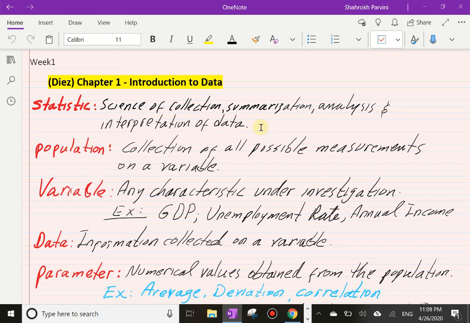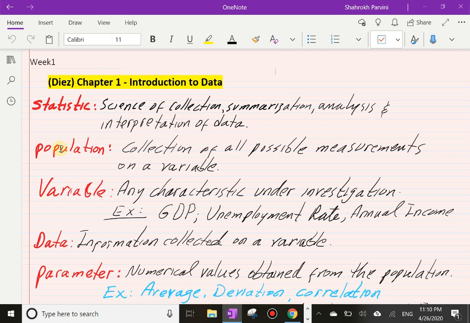Now our terminologies that we talked throughout the course are here. Our first terminology, and this is the idea of a population. Now for population, we're going to call a population the collection of all possible outcomes or measurements on a variable. That's going to be the population. Now the word population, by the way, here, we do not necessarily mean people when we talk about population.